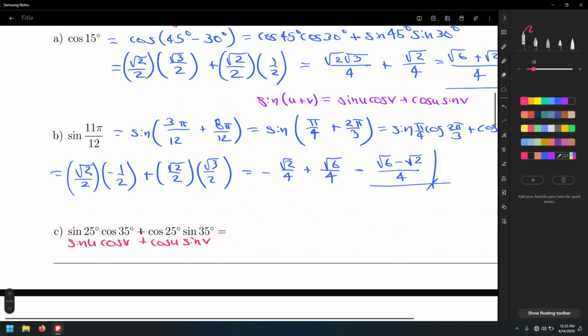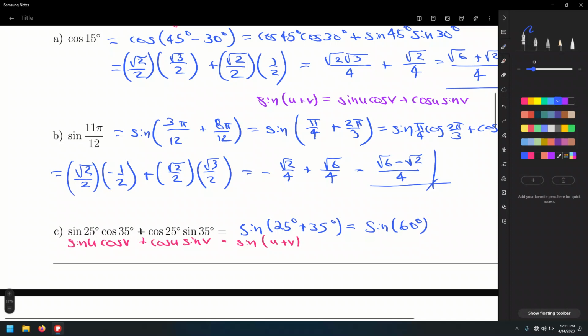All right? So that looks exactly like sine of the sum u plus v. Well, so that means sine, in this case, of 25 degrees plus 35 degrees, which is sine of 60 degrees.